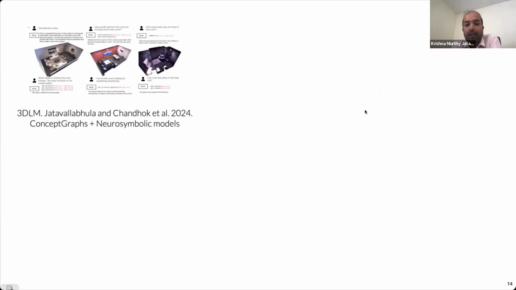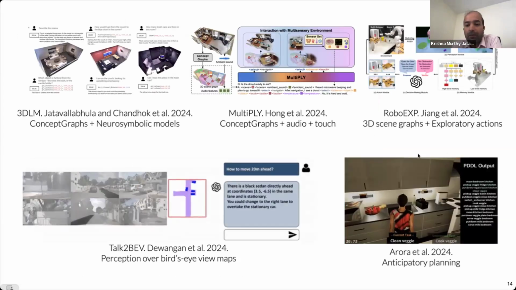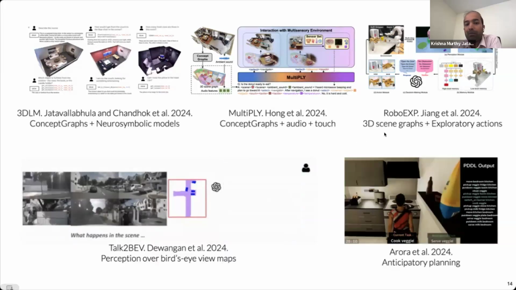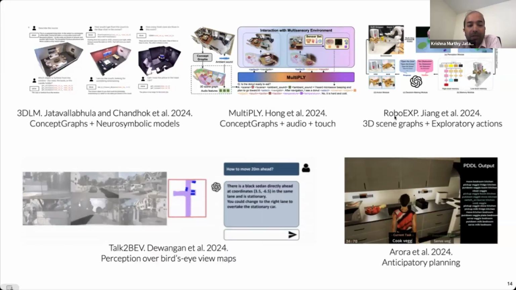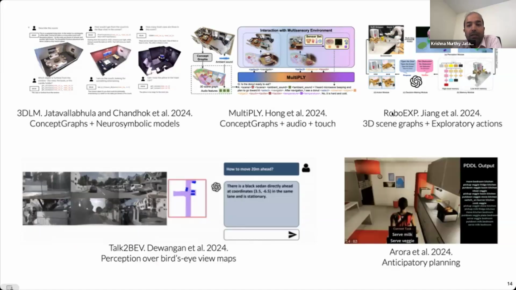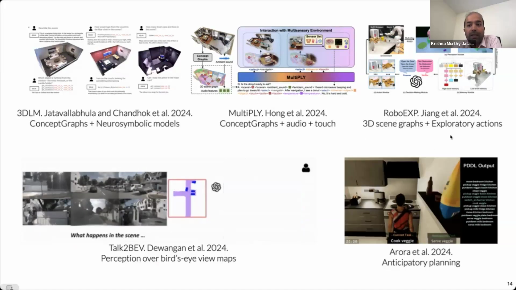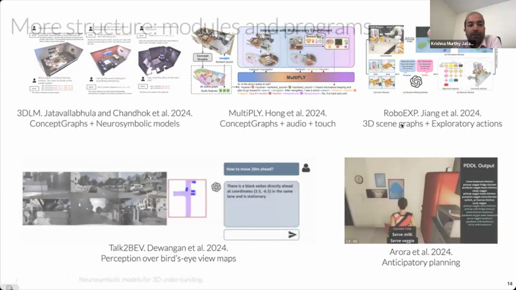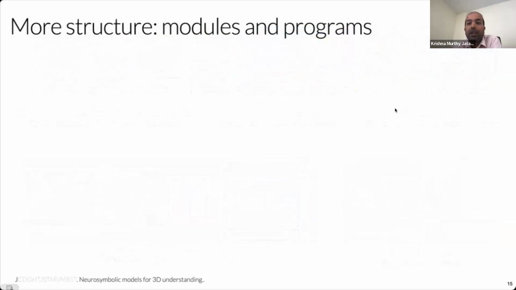And there are a number of extensions of this work, both from collaborators of ours and also from other researchers. One particular aspect I will focus on for the next minute or two is this notion of incorporating more structure and performing more complex 3D understanding tasks using this kind of framework.